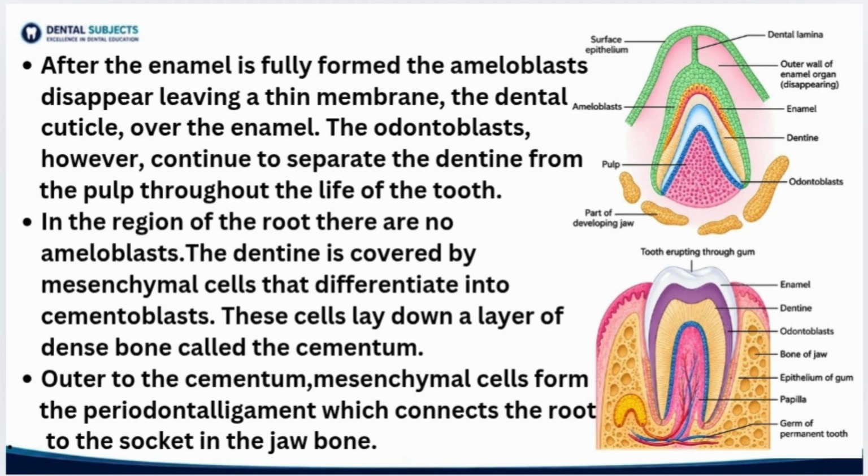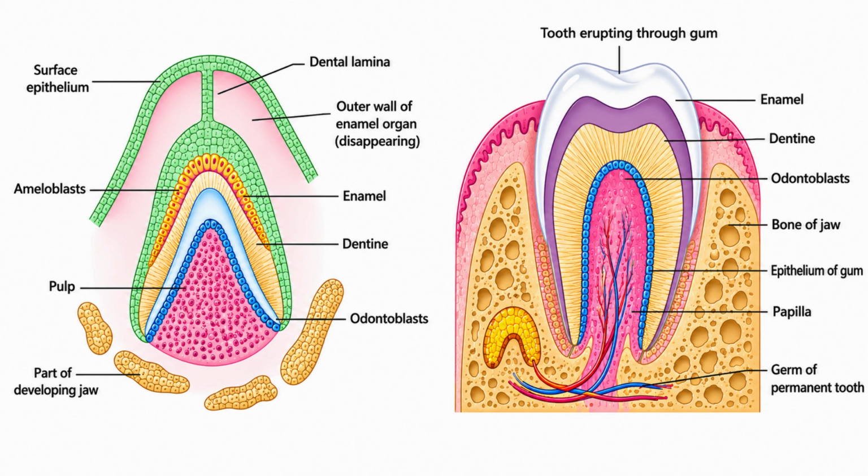Then in the root portion, these mesenchymal cells differentiate into cementoblasts. Cementoblasts produce the cementum along the root surface. Then some of the mesenchymal cells transform into the periodontal ligament. It occupies the space between the root and the bone. This finally forms the tooth structure.